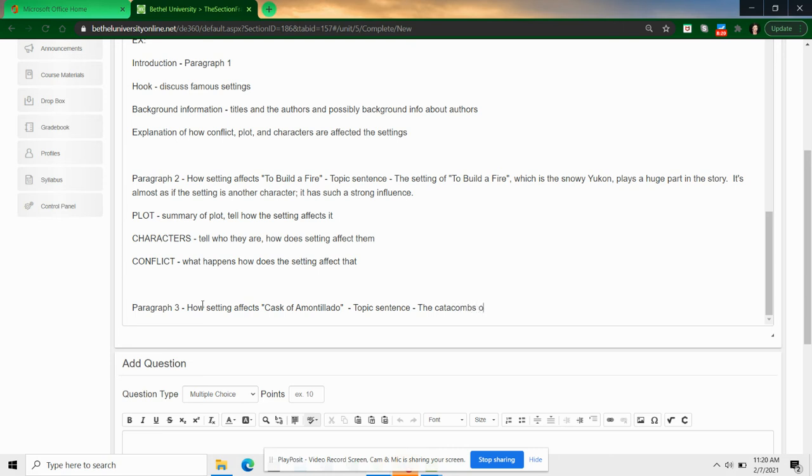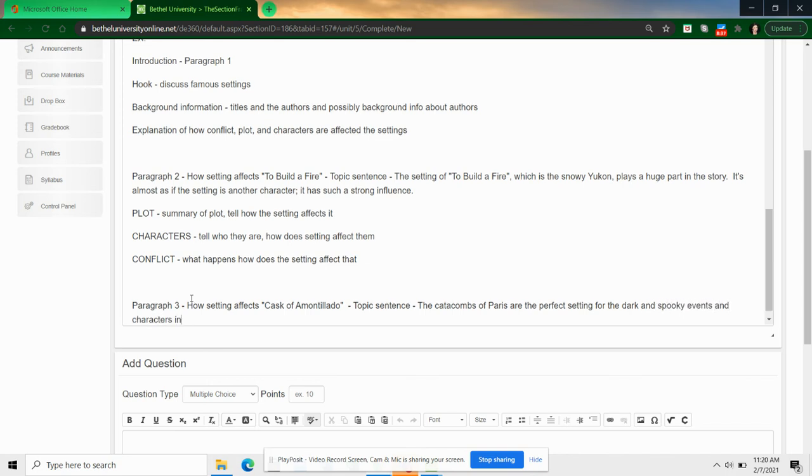The catacombs of Paris are the perfect setting for the dark and spooky events and characters in Cask of Amontillado.